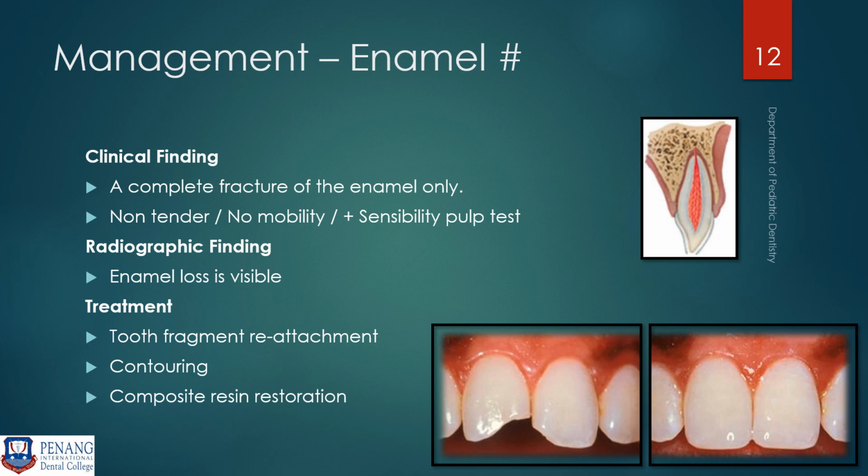Or you can do just the contouring. If the fracture is really mild, you can use your polishing disc to smoothen out the fracture, and that is all that will be required. Or you may have to go for a composite resin restoration like I have shown you in the clinical picture here, to restore the tooth back to its form and function.